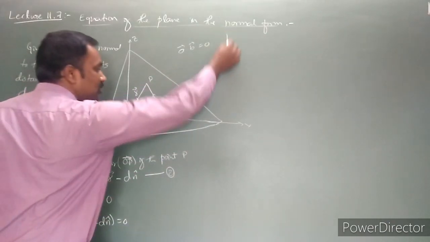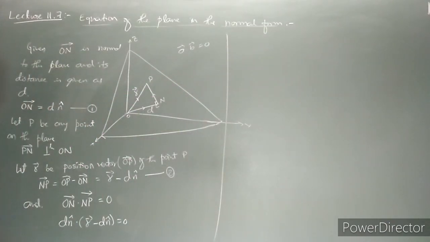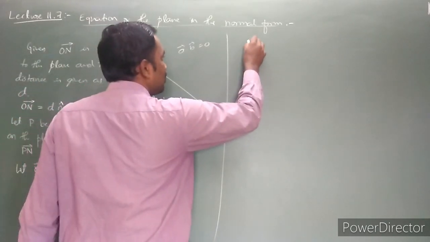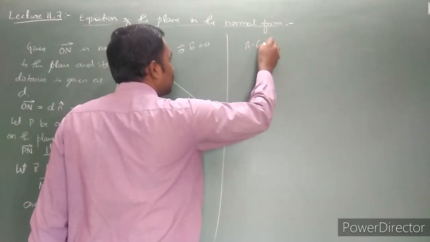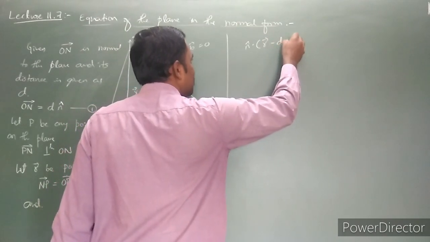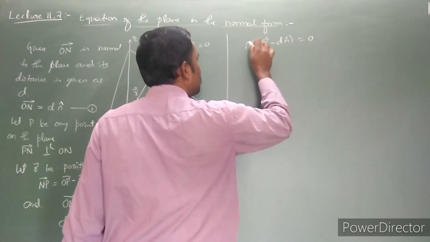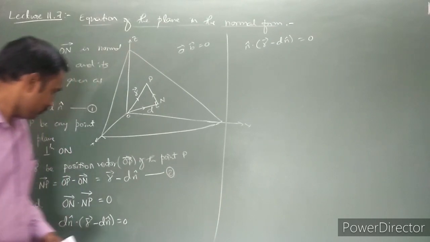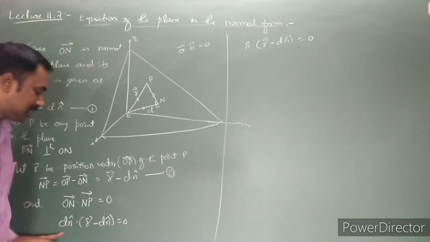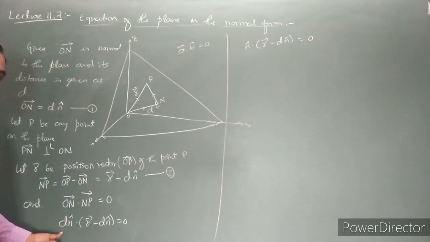Let us simplify this. Here d is a scalar, one number, so taking it to the right hand side, we get n cap dot R minus d into n cap is equal to 0. Or we can divide through by d, since it is a scalar quantity.